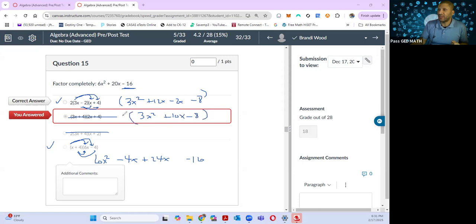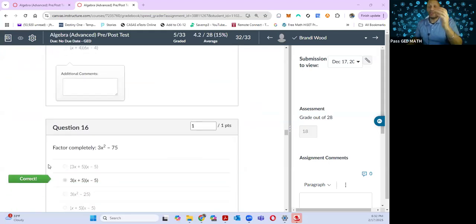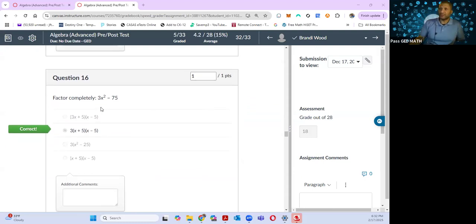We still have that 2 on the outside. 6x squared plus 20x minus 16. So again, there are ways, instead of solving algebraically, of eliminating those multiple choice options. Very good.